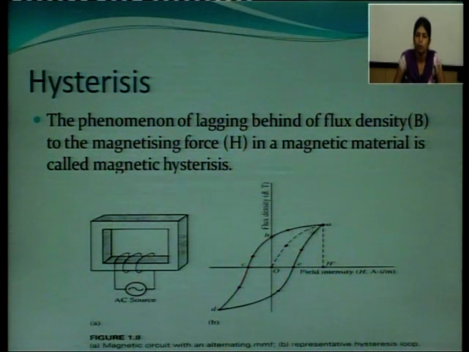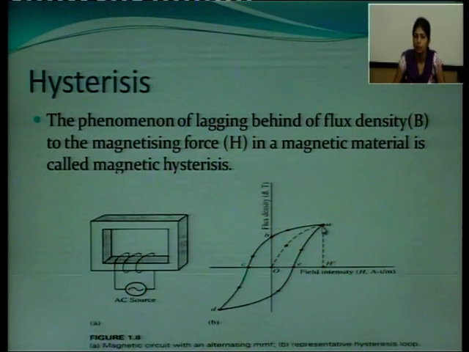This is a loop, known as the hysteresis loop. It has been drawn between the flux density and the field intensity. In the start, as we increase H, B increases. With the increase in H, there is a rapid increase in B.